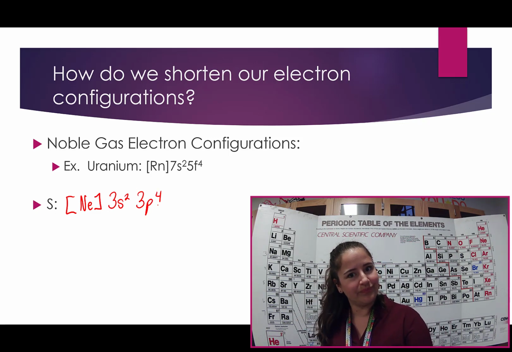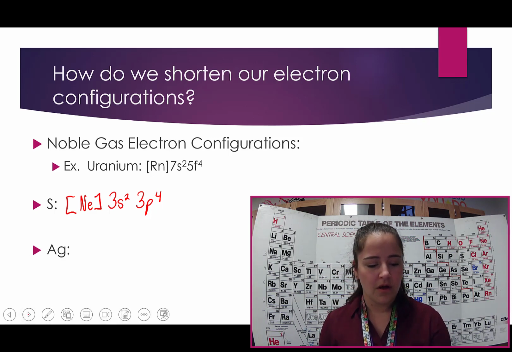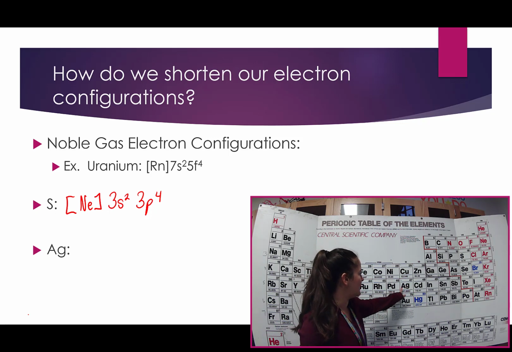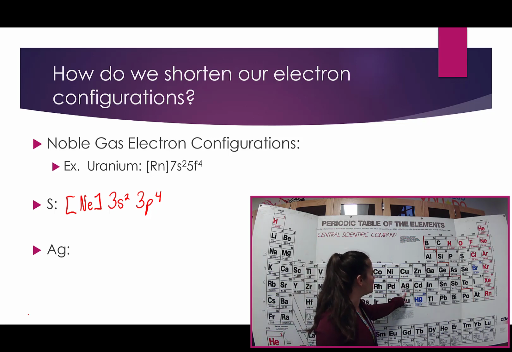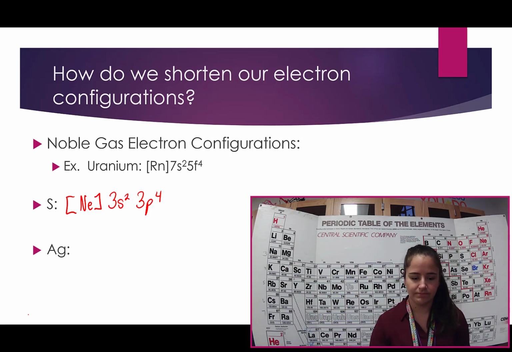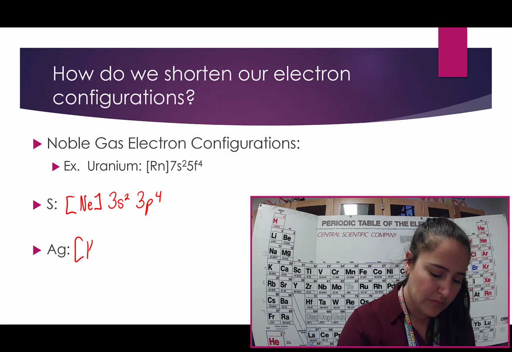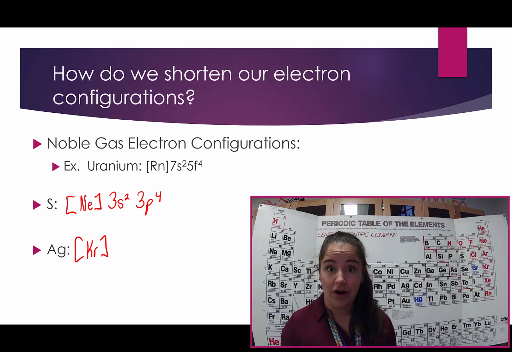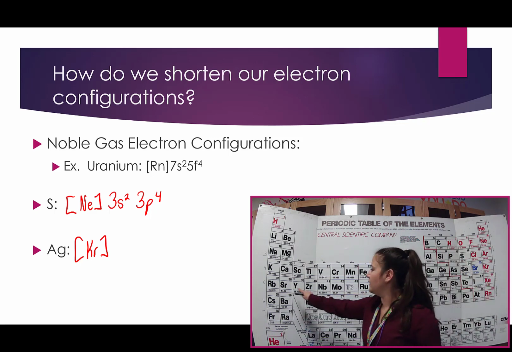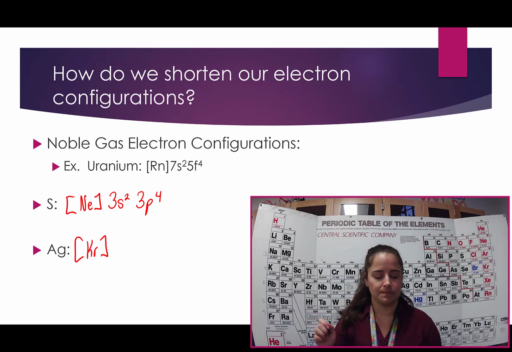Okay, cool. Let's try another one. What about silver, Ag, right here on the periodic table? Okay, it's in the D block, so slightly more challenging, but we go to the noble gas in the row above, which is krypton. And we say, hey, silver's got all electrons like krypton has, but then it also has, let's see, there's krypton, 5s2.